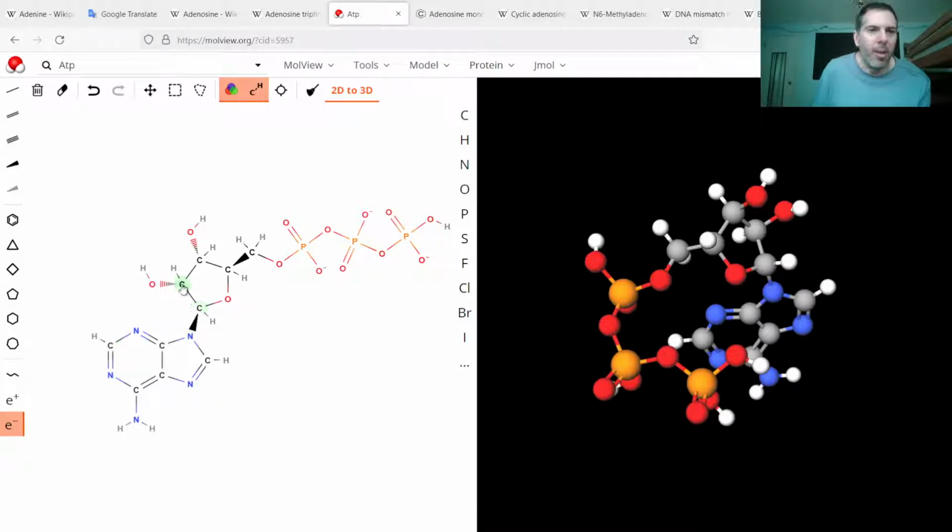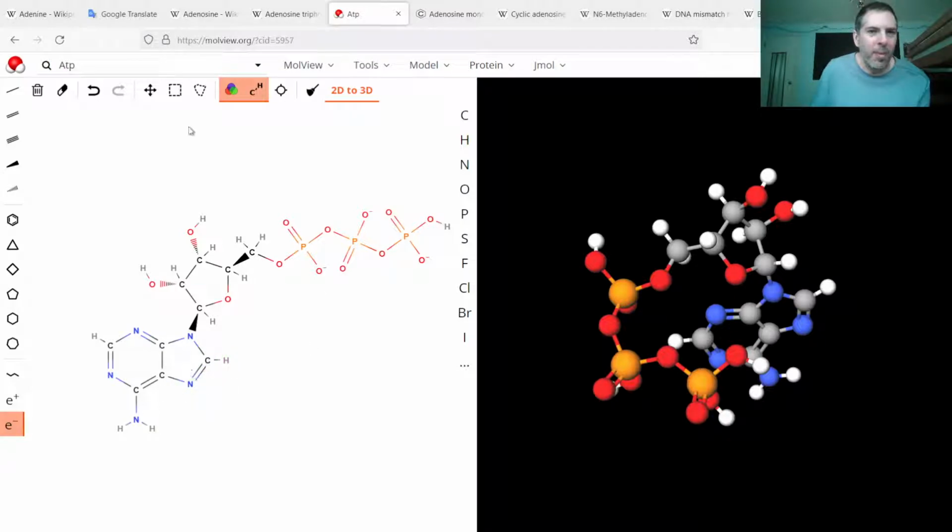Here's 1', 2', 3', 4', 5'. So 5' is where the phosphate is going to be attached, and then the 3' is where the growing chain will be growing.